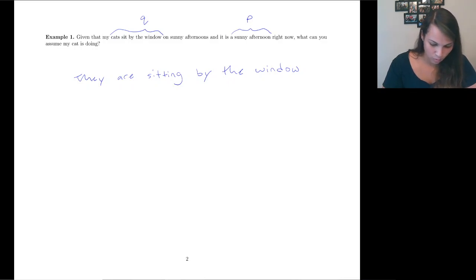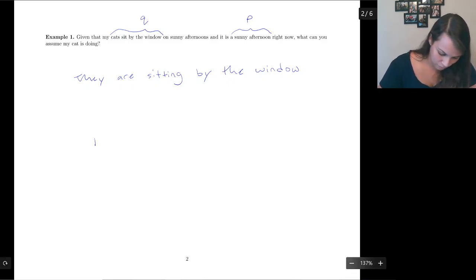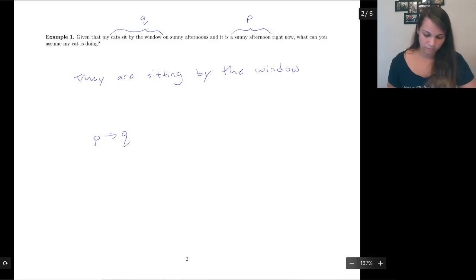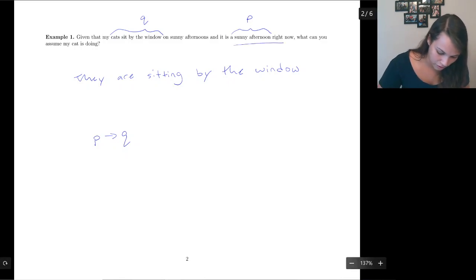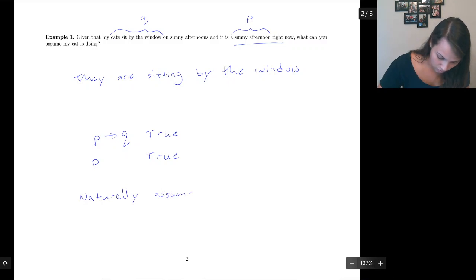So I said P implies Q: if it's a sunny afternoon, my cats will sit by the window. And then I also told you it is a sunny afternoon right now. So this problem told us this was true, told us this was true, and then we naturally assumed that we could say that Q was also true.